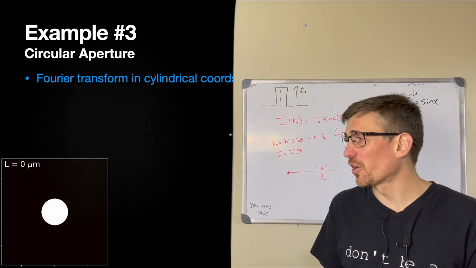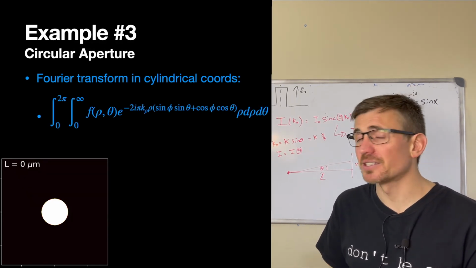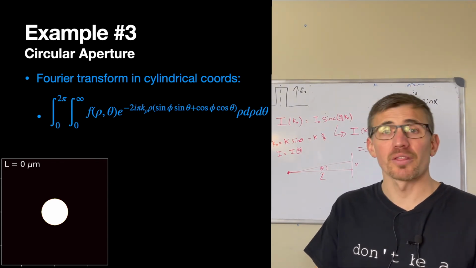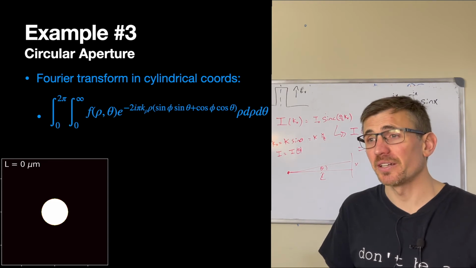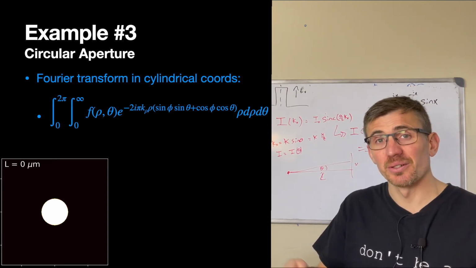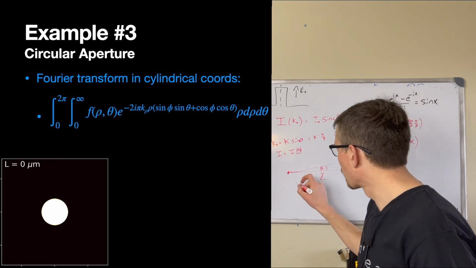Okay, so the Fourier transform in cylindrical coordinates looks like this. So before we had x and y, we have kx and ky. What are the conjugate, as they're called, variables here? Well, rho is the square root of x squared plus y squared. That's the distance in cylindrical coordinates, right?